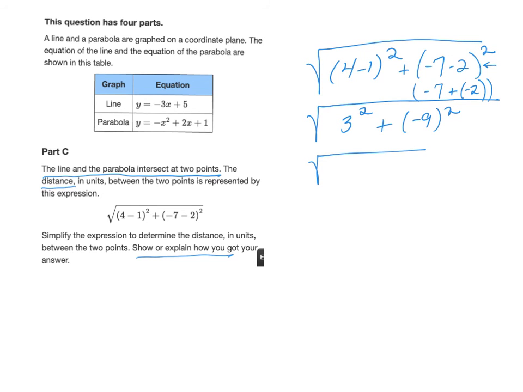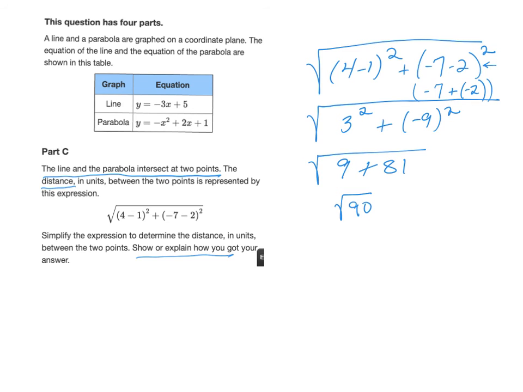From here, we do exponents. 3 squared is 9, because 3 times 3 is 9. And -9 times -9 gives me a positive 81. And of course, our last step to simplify this expression is going to be the square root of 9 plus 81, which gives me the square root of 90.